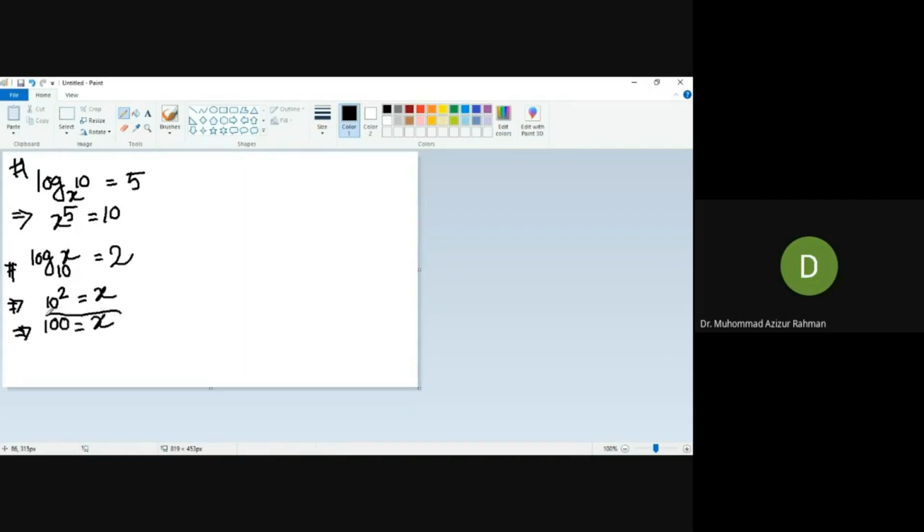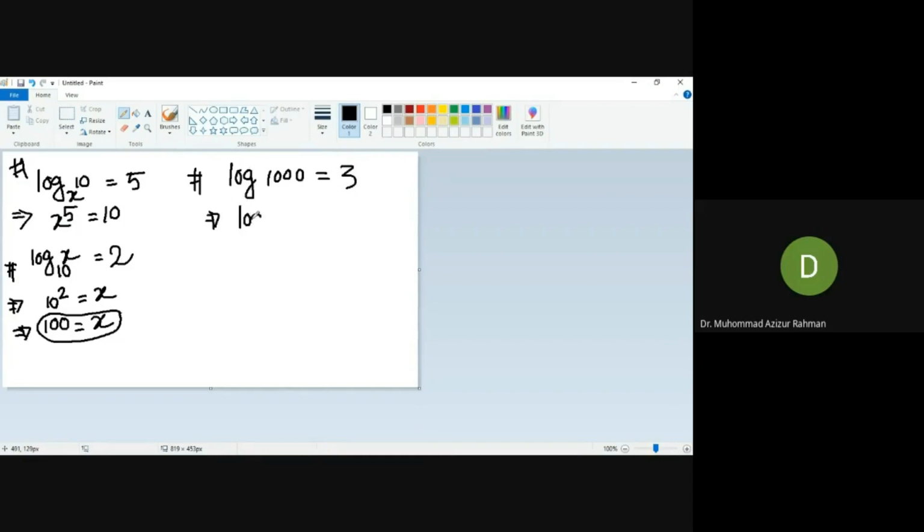Then maybe log 1000. Let's say log 1000 equals 3, then we can verify it. So what does log mean? If we do not write anything, we must know that the base is 10.